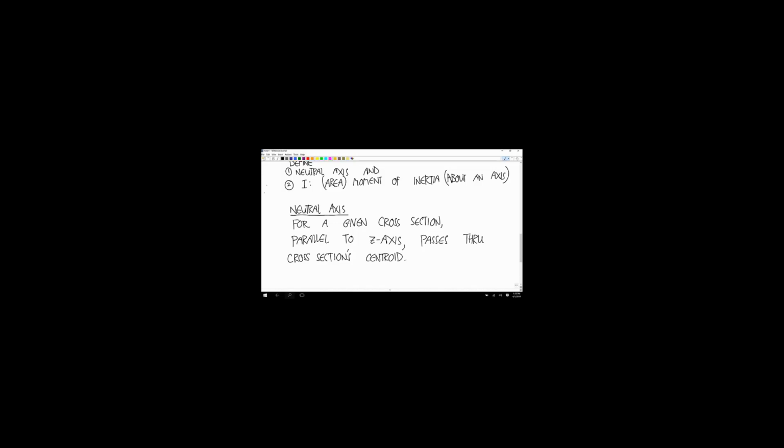That's a pretty nice, simple fact. So if you're thinking about there being a theoretical place on a beam where, when you bend it, the length is not going to change, it seems like a lot to hope for that it would line up with where the centroid of the cross section is. And that's what it does.